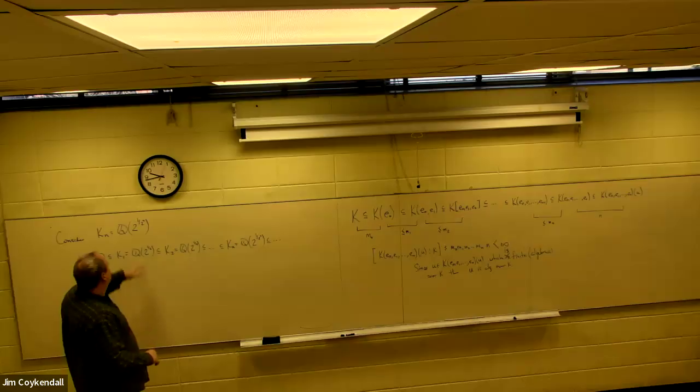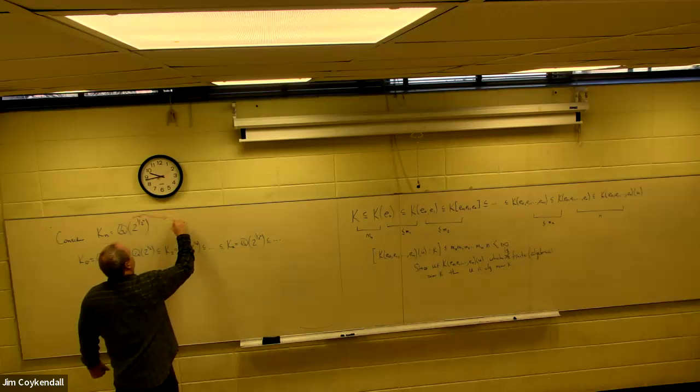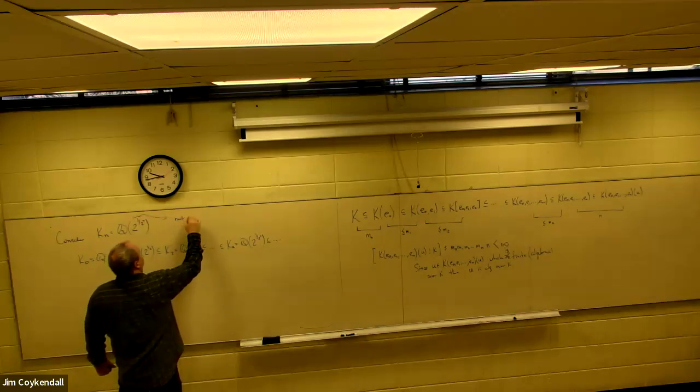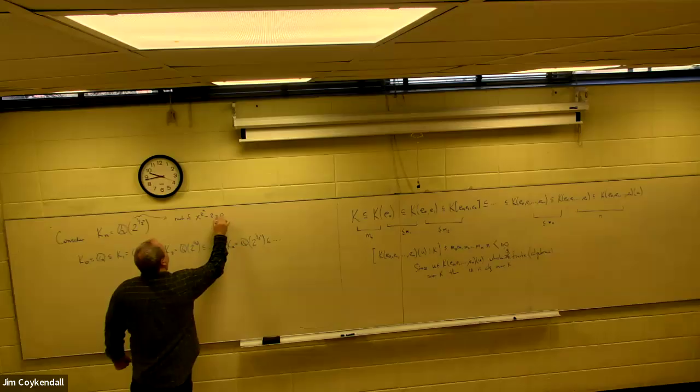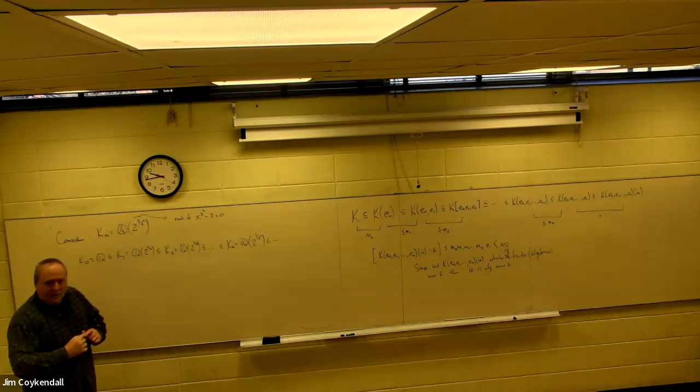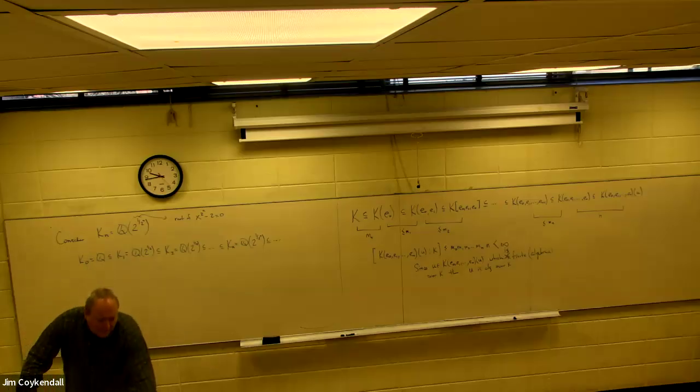And in fact, really all I have to do is prove that this is an algebraic element. And notice this is a root of x^(2^n) minus 2, which is of course a polynomial with rational coefficients. Everybody on board with that?